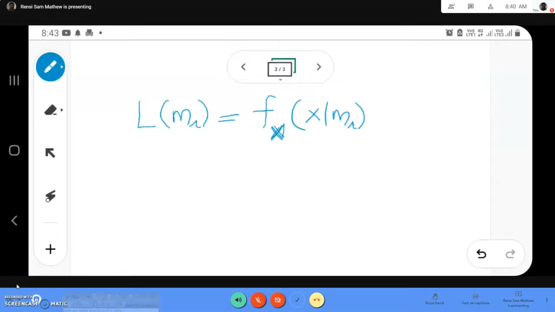Here x given mi means we receive x on the assumption that we transmitted a particular symbol mi. Both have the same equation but their meanings are different.